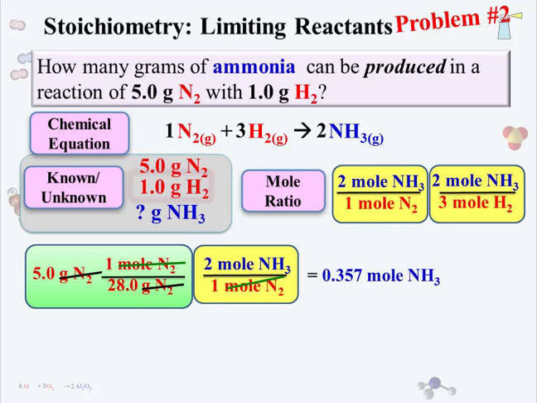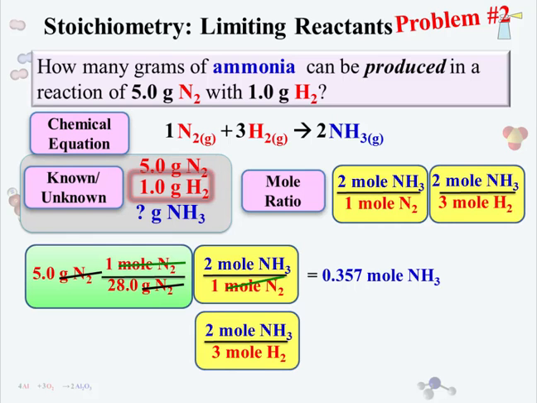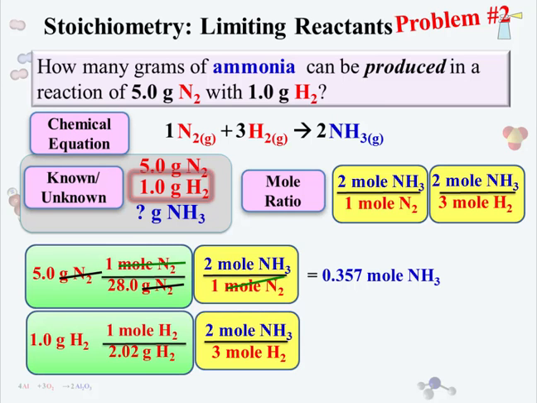The second reagent is hydrogen, and its mole ratio is placed in the center of its solution equation. The 1.0 grams of hydrogen are converted into moles of hydrogen through the molecular weight of hydrogen. Cancel grams of hydrogen and moles of hydrogen, leaving moles of ammonia. 1.0 grams of hydrogen can produce 0.330 moles of ammonia.